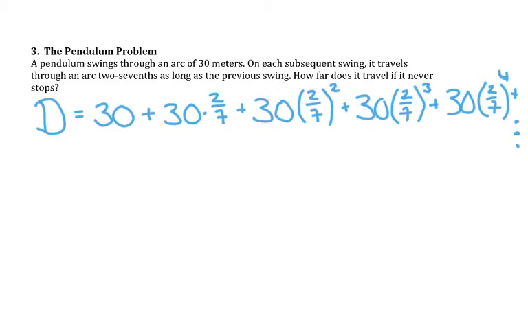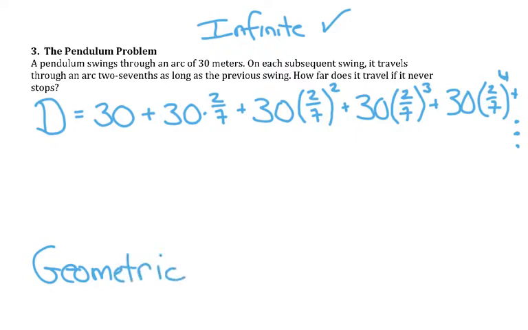Never stops. This is an infinite sum. Is it geometric? What do you think? If it's geometric, we get the next term by multiplying the previous term by the same key number. So I say yes, and the key is 2/7.